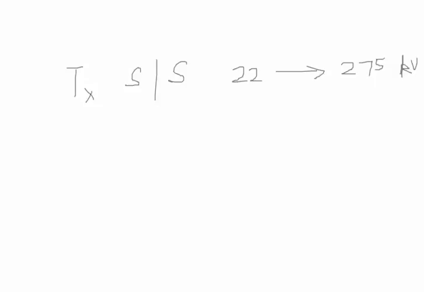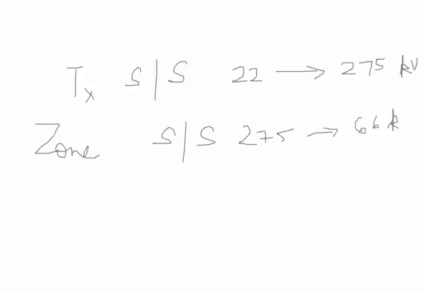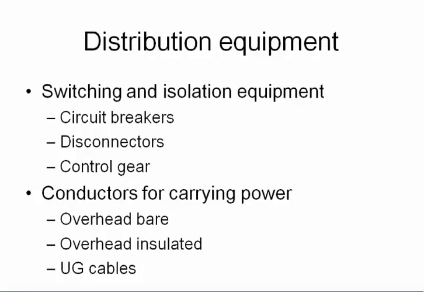While a zone substation could be stepping down to a lower voltage, say 275 to 66 kV and so on. Does that answer your question? Okay.